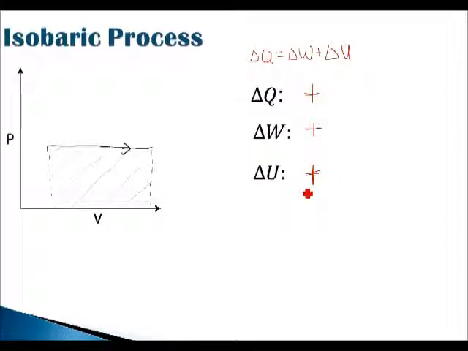Okay, so in general, when looking at equations like this, it's important to know that a change in volume tells us if there's positive work done. So if the volume changes, work is done. And if there's a change in temperature, since temperature is related to the internal energy of a gas, then there's also going to be change in the internal energy. Okay, so in an isobaric process, every single variable is positive.